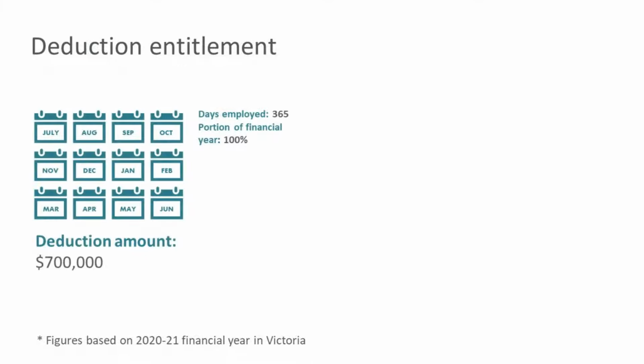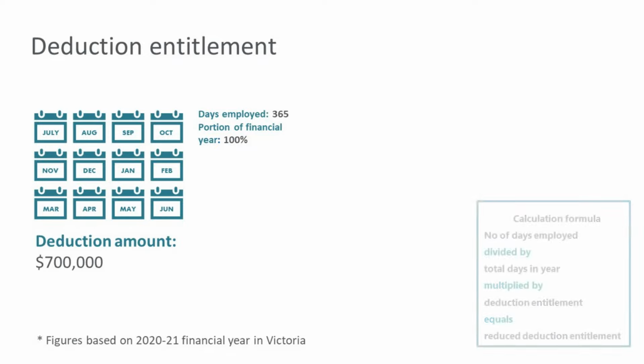If you only employ for part of the financial year, you will only be entitled to a portion of the deduction amount. In this example, we are using Victoria's annual deduction entitlement. If you employ only in Victoria and for the full financial year, you would be entitled to the maximum deduction entitlement as shown on your screen.